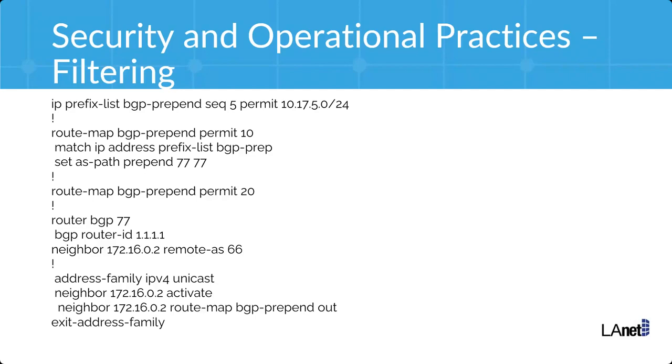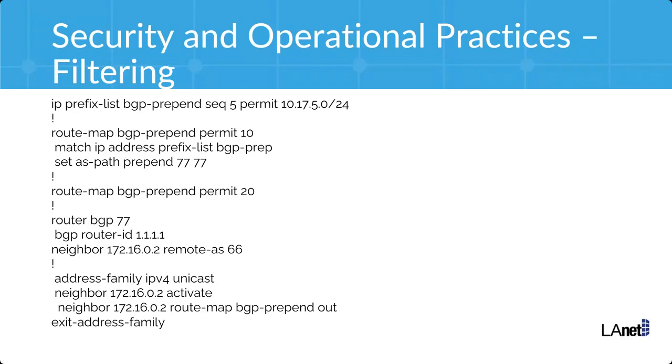So they see it a total of three times. So my neighbor at 172.16.0.2 is not going to prefer that most likely, because let's assume there's also a neighbor at 172.16.0.6, for example, and it does not have that route map. It wouldn't see those extra autonomous systems.